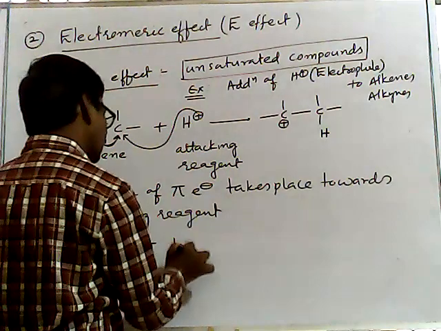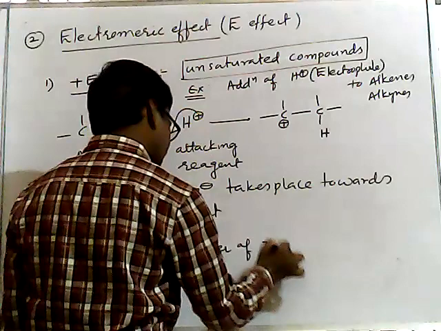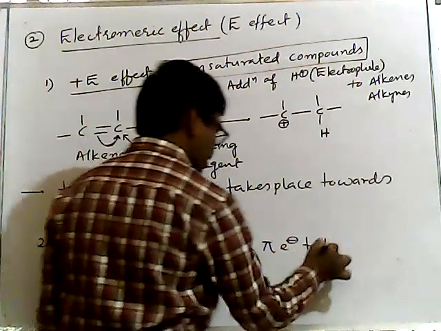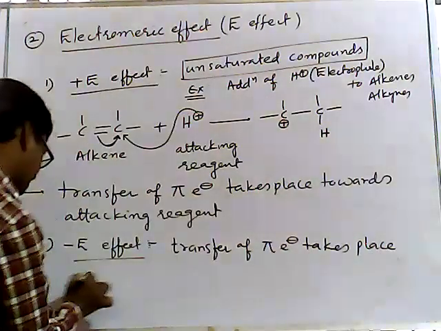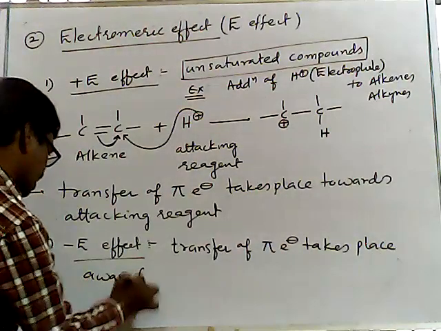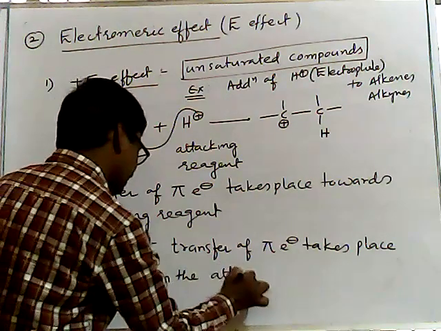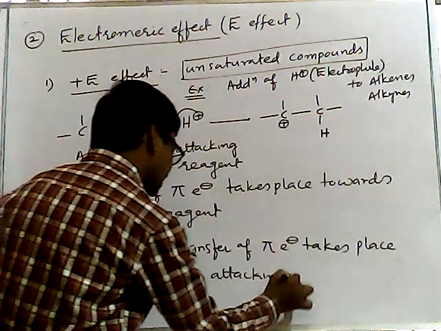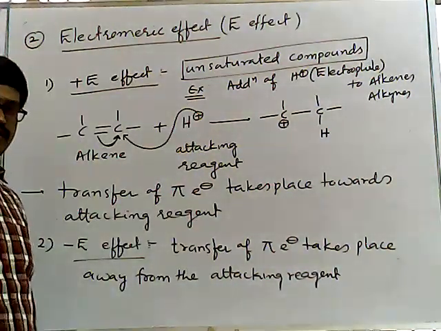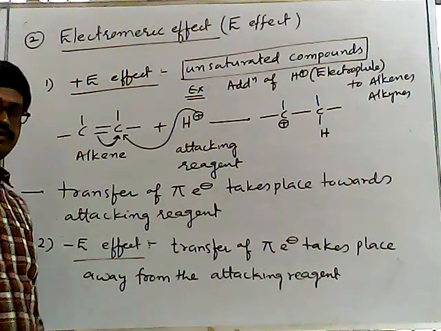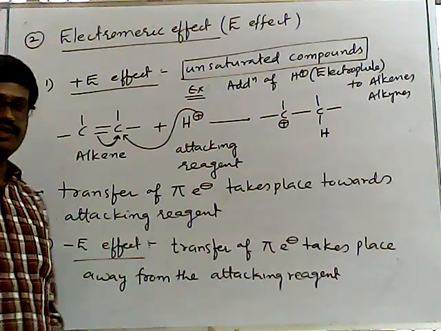Here we can write: transfer of pi electrons takes place away from the attacking reagent. That is called the minus E effect. What is the minus E effect? Transfer of pi electrons takes place, moving away from the attacking reagent.